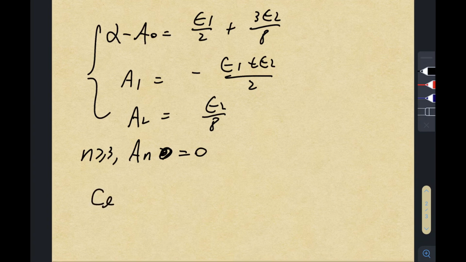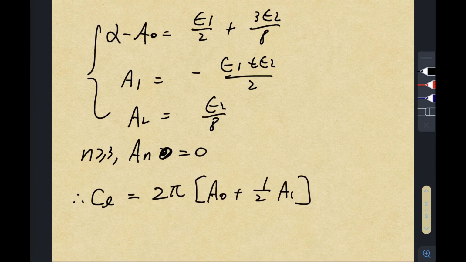Great. Therefore, you just need to plug into our previous formula for the lift coefficient, which is 2 pi times (A0 plus 1 over 2 A1). A0 is basically alpha minus this thing, and A1 is this thing.